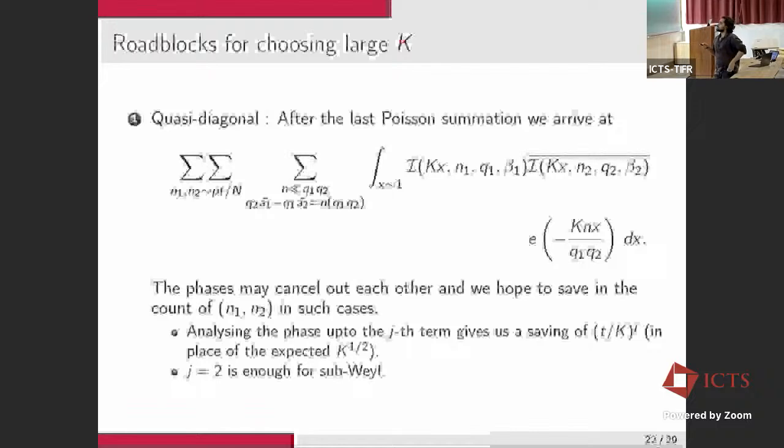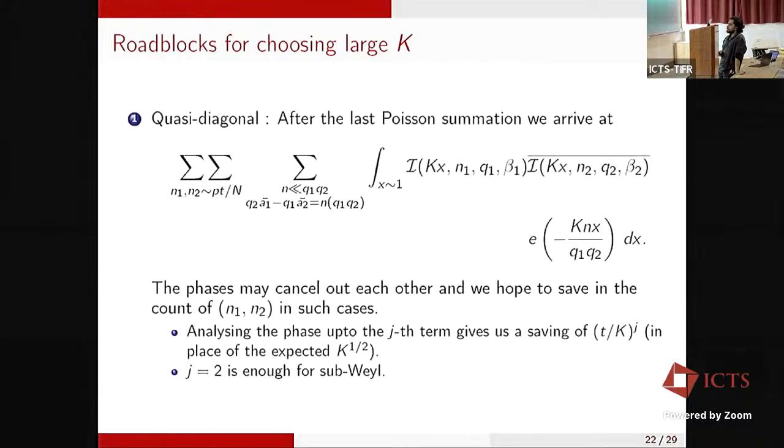But of course, as I was telling you, these I's look like geometric series, so they are made up of terms, and each jth term is of size t by k to the power j. So if you analyze this counting problem up to this j term, then you will just save exactly t by k to the power j instead of the expected square root cancellation. So you see, if you choose k to be close to t, you don't really save from this counting. So this is one of the things.